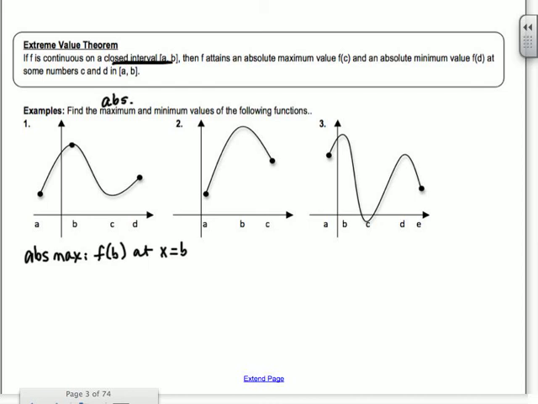So for some function, it's plugging the b value in for x. What about the absolute min? Yeah, it looks like they're even. So we're going to say f of a at x equals a and f of c at x equals c. Those would be the absolute min. See how it works?